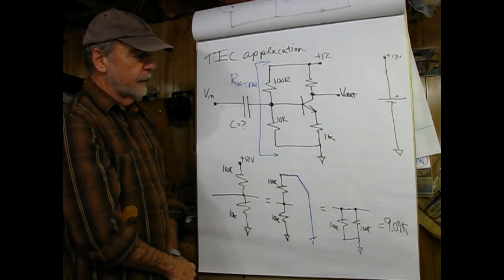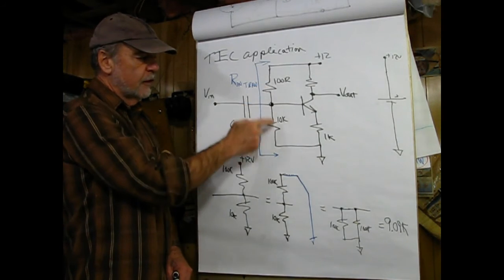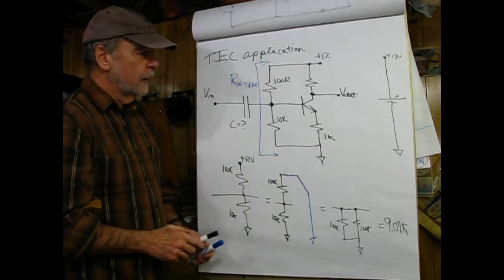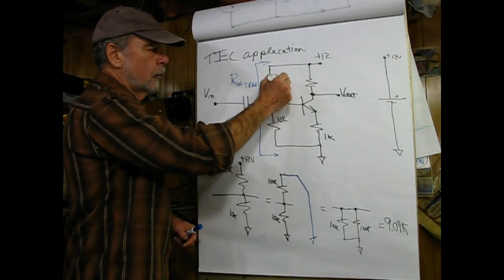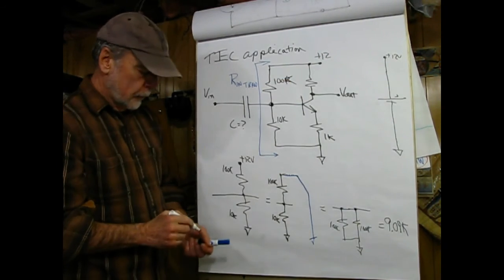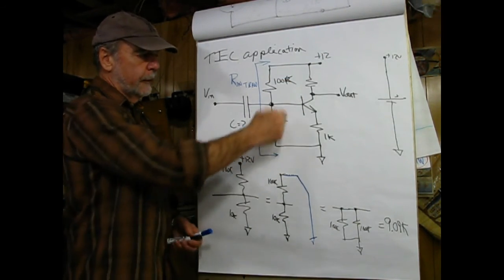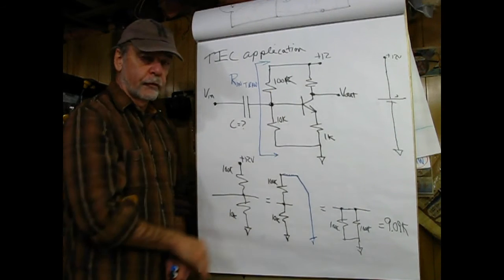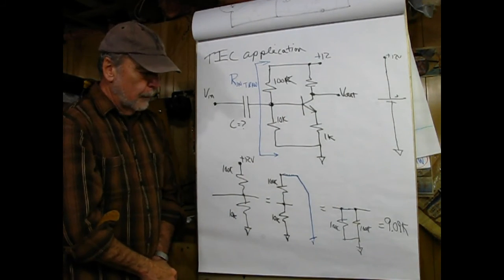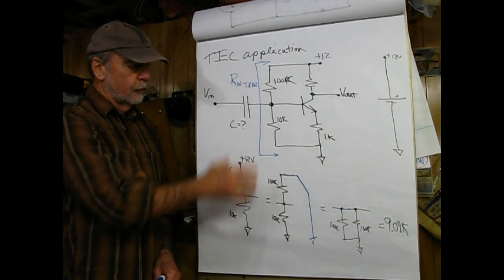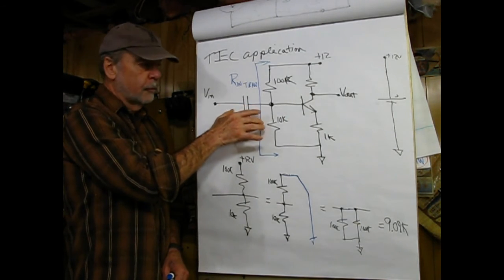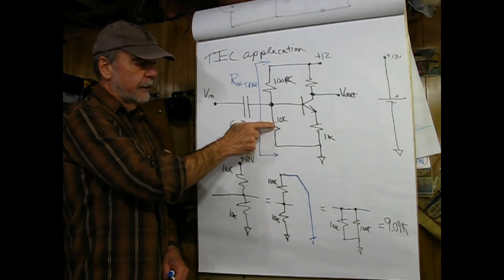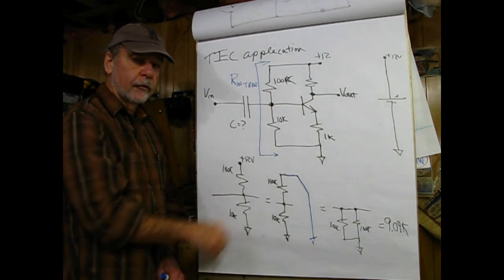So the only thing I'm going to concern myself with here is the bias network, these two resistors, 100k ohms in series with 10k, and then the internal resistance of the transistors for a different course. But it's a start. Basically there's three resistances in parallel here: 10k, 100k, and that of the transistor.